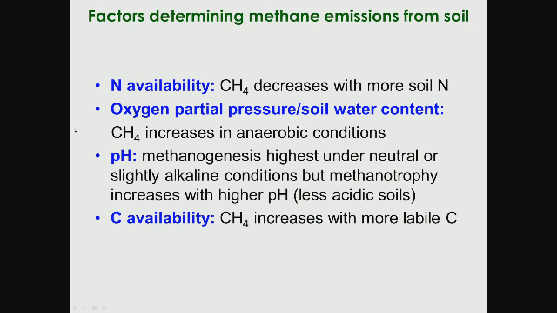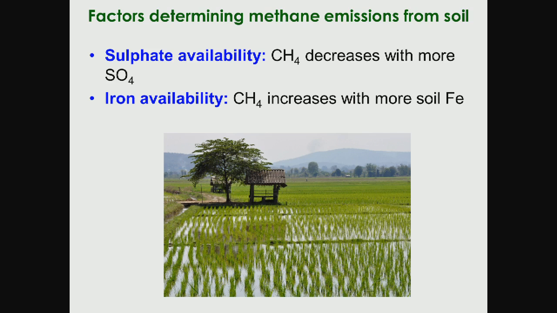We've already touched on the importance of anaerobic conditions to drive methane production. pH, the methanotrophs, also the methanogens have higher activity under neutral, more alkaline pHs, whereas the methanotrophs increase in activity under higher pHs. And carbon availability also drives methane production. And then sulfate and iron availability also are components to consider, both in terms of decreasing or increasing methane production.